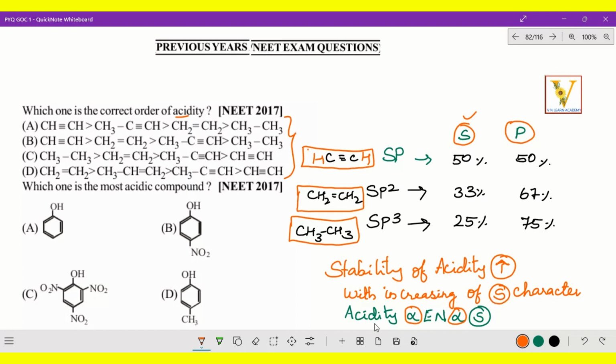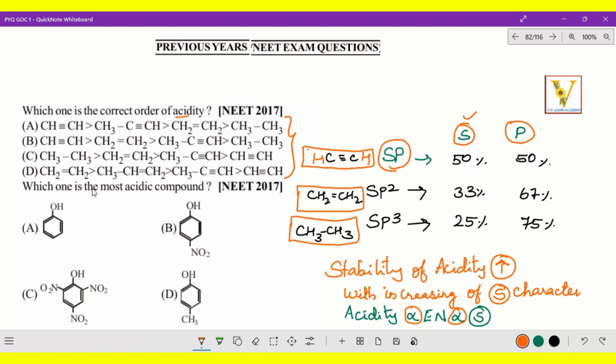Generally acidic strength is directly proportional to electronegativity, a common point, but acidity is directly proportional to the increase in s character. So among the sp hybridizations, this is also 50 percent, this is also 50 percent. So as s character increases, acidity also increases.